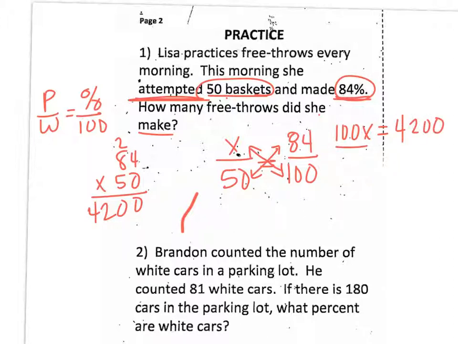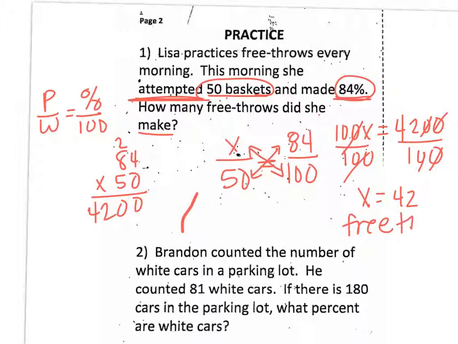So we have to divide each side by 100 because we have multiplication here, so we're going to do the opposite. And we can see that x equals 42 free throws that she made. So she made 42 out of 50.